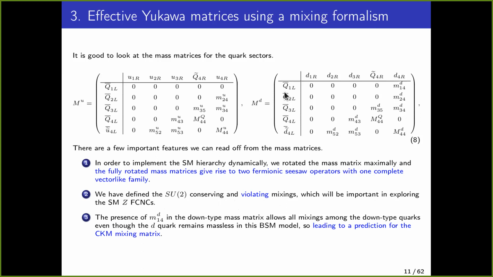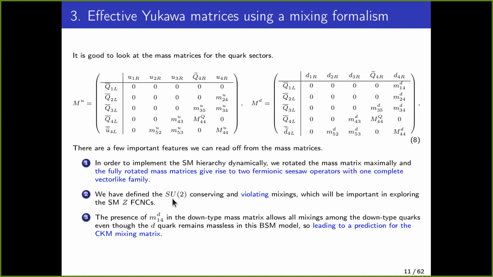Conserving is a mixing defined in the same multiplet. For example, if I rotate Q2L and Q3L, this 2-3 mixing angle would be conserving. If we mix this capital Q2L with this small D4L, this would be a violating mixing, and this will be a crucial part of causing the standard model flavor neutral currents.